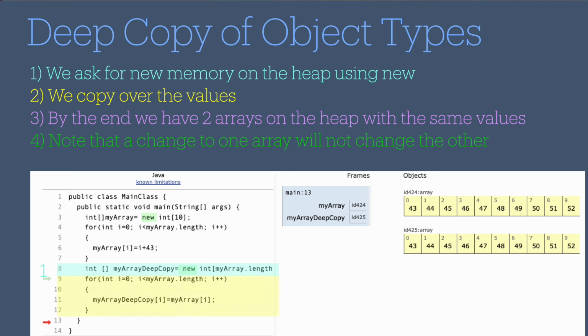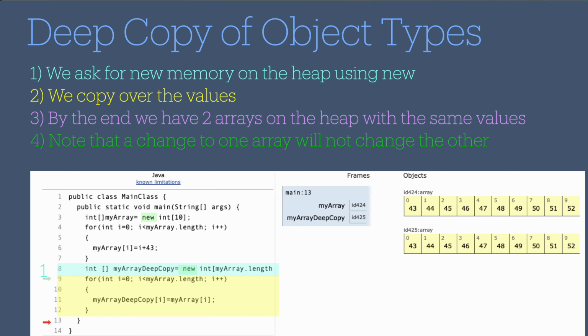And then what we do is we copy over the values. Okay? And we do that by just cycling through myArray and setting every index of myArrayDeepCopy equal to the index of myArray.